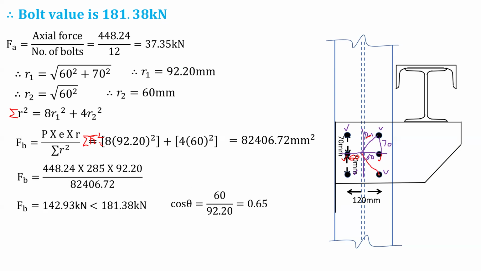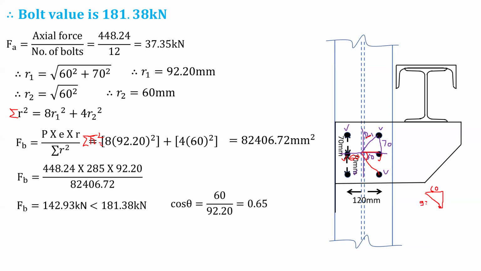The farthest bolt is this, and cos theta is the angle with the horizontal. So the horizontal distance is 60, which means if I draw the bolt, then we have it in this mesh. The horizontal distance is 60, and the hypotenuse we got is the value of R1, which is 92.2.